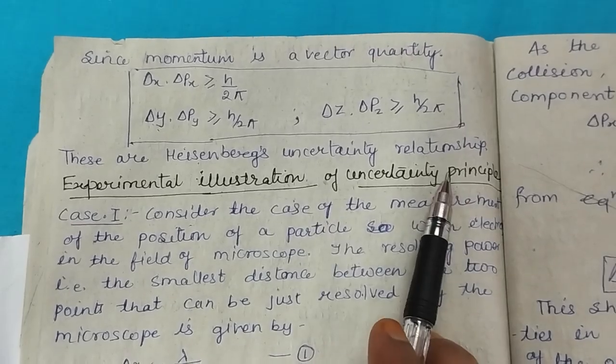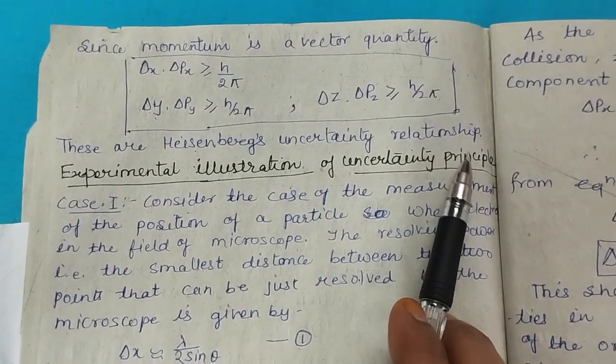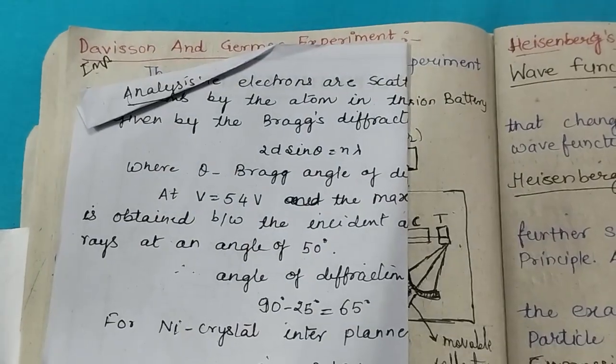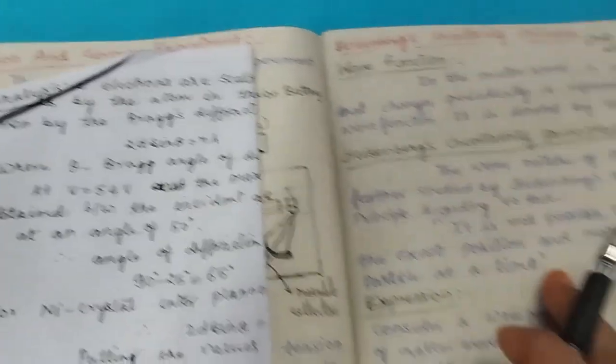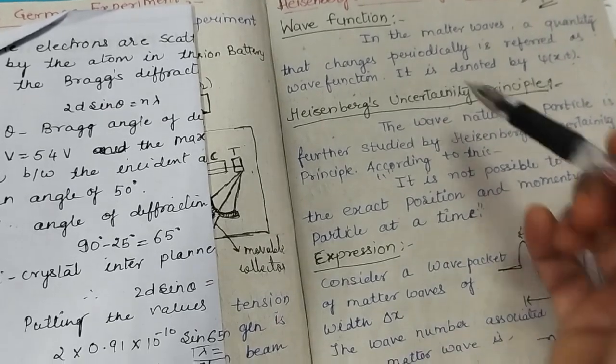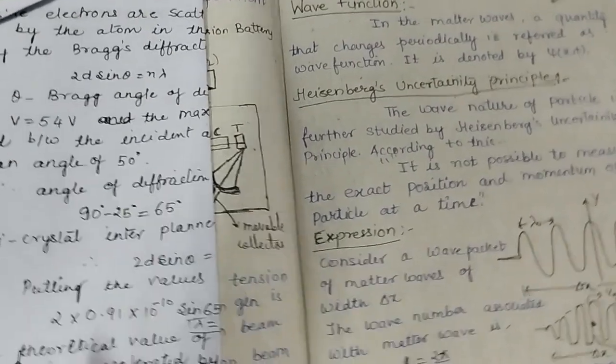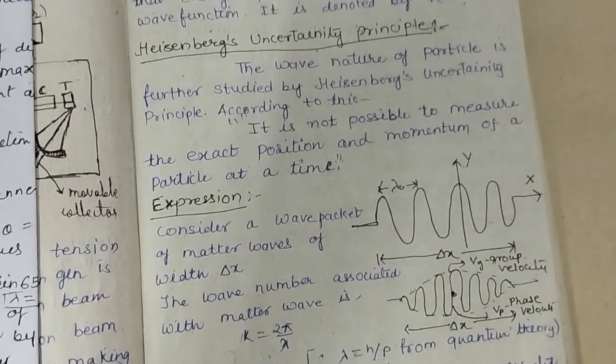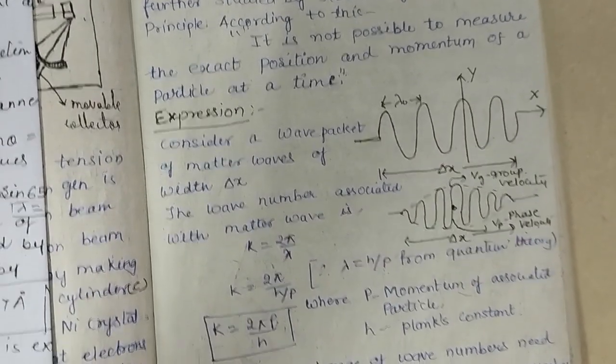These are Heisenberg's uncertainty relationships. When you are asked such a question, write Heisenberg's uncertainty principle and find the expression. Then you have to write all these things. Till here you have to write.